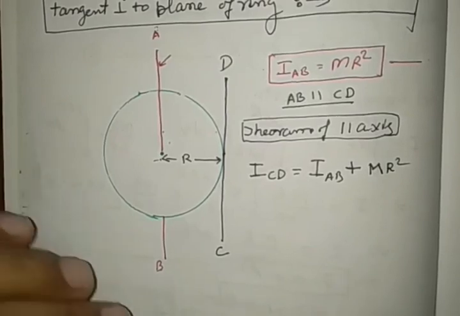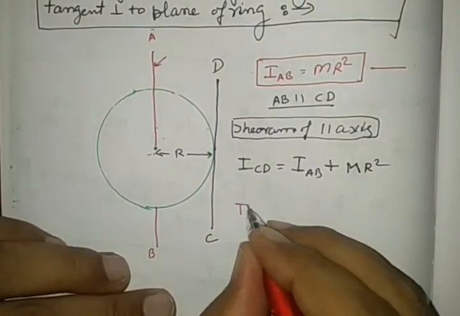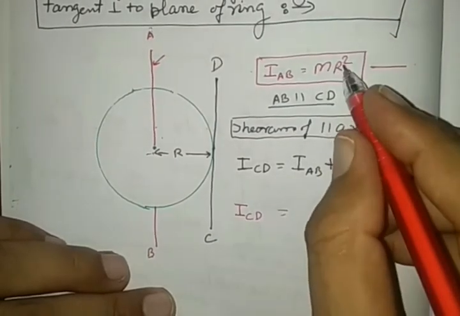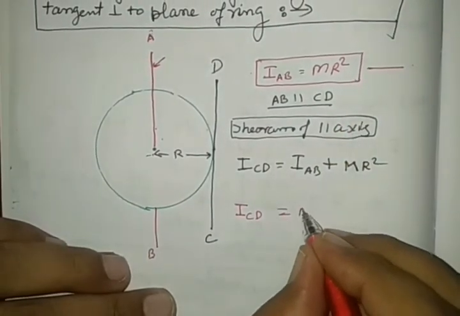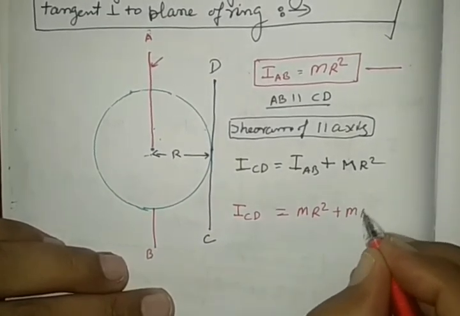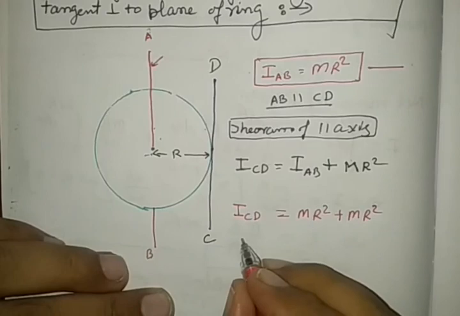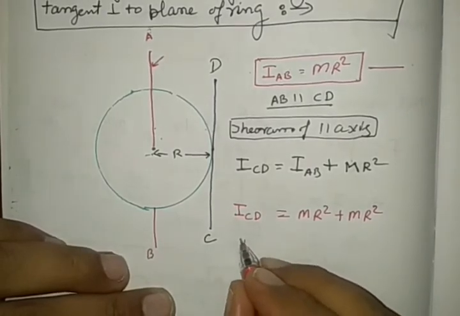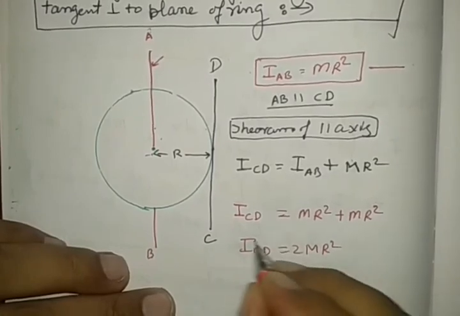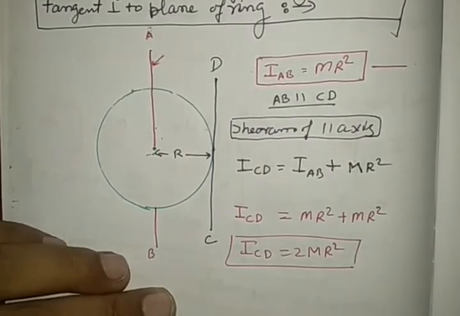Now see carefully. Our task is to obtain ICD. IAB is mr square and this is mr square. By solving it we get twice mr square. So it becomes just double.